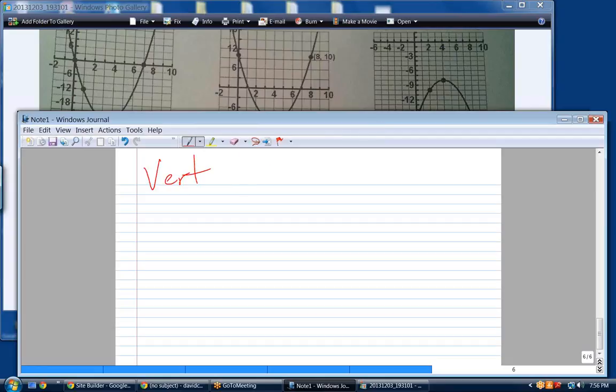So it'd be y equals a times x minus 4 squared minus 8. And then the other point that we can use is the y-intercept, which is 0 comma negative 16. So we can do negative 16 equals a times negative 4 squared minus 8.